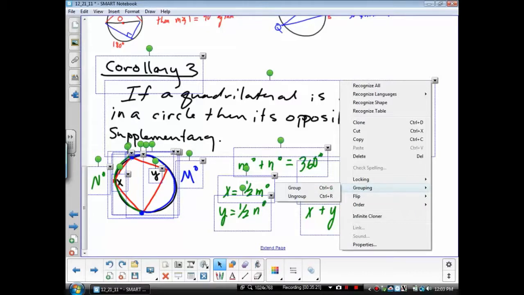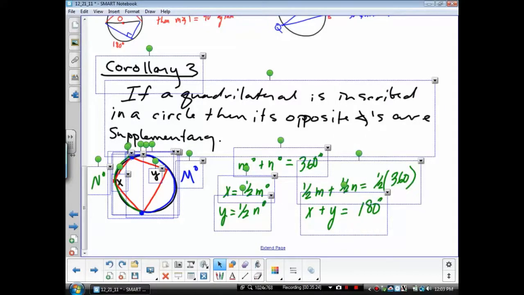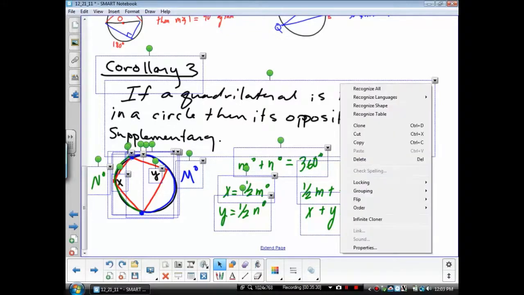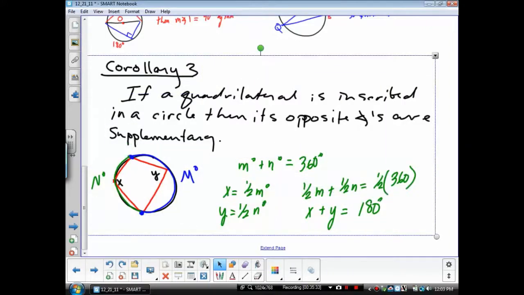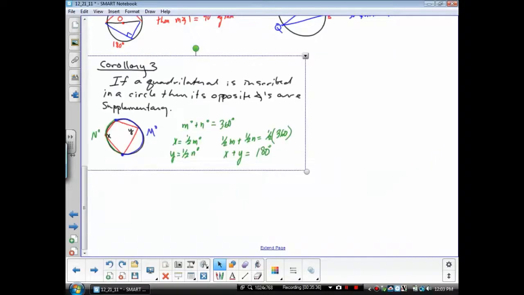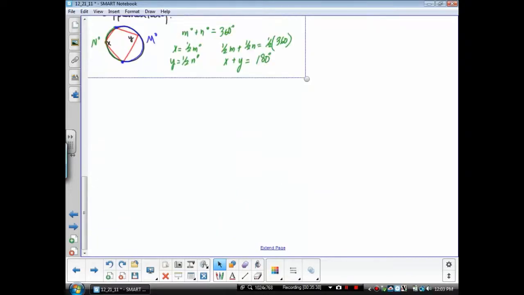Okay, we have one more theorem. Theorem 9.8. The measure of an angle formed by a chord and a tangent is equal to half the measure of the intercepted arc.